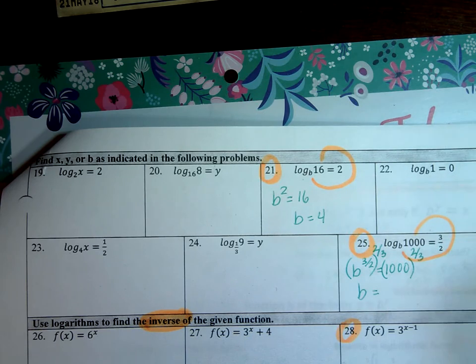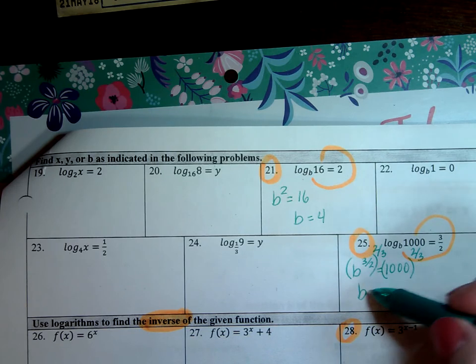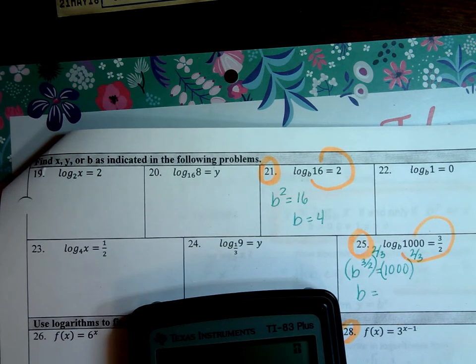I know it's a little complicated, but the only way you can undo that fraction is to multiply by its reciprocal so that you end up getting a value of b to the 1st. 6/6 would be first. And now I go to my calculator: what is 1,000 to the (2 divided by 3)? And it tells me, oh, it's 1,000.